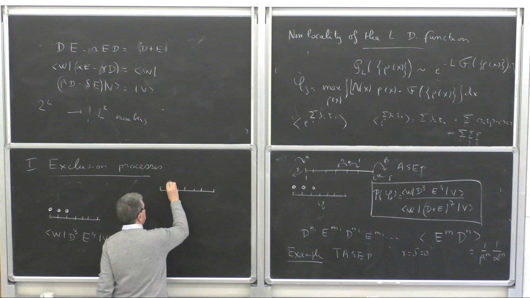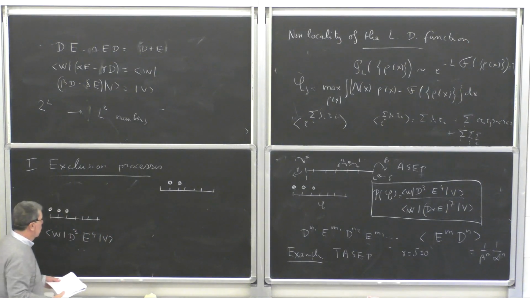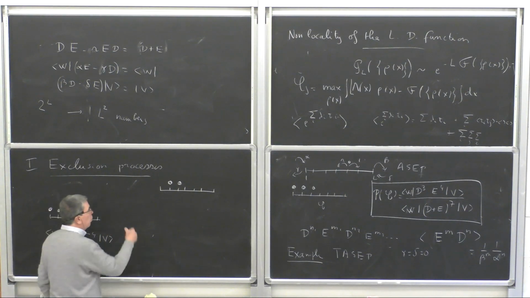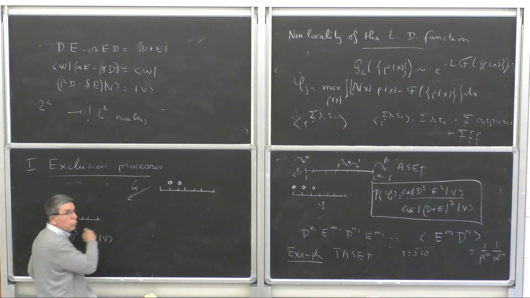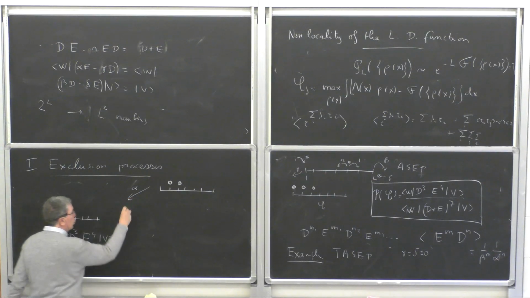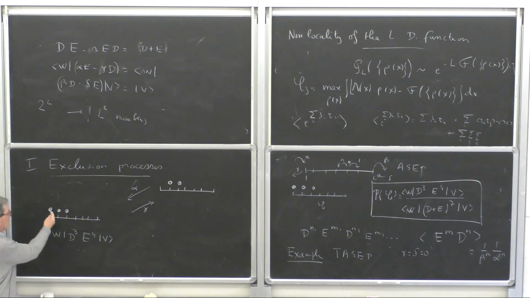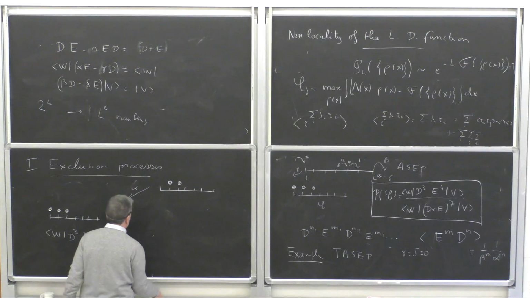For example, I could reach this configuration with a particle which enters, so I have a rate alpha to go from here. And from here, I could go there at a rate gamma, because this particle might move outside. So these are the rates.